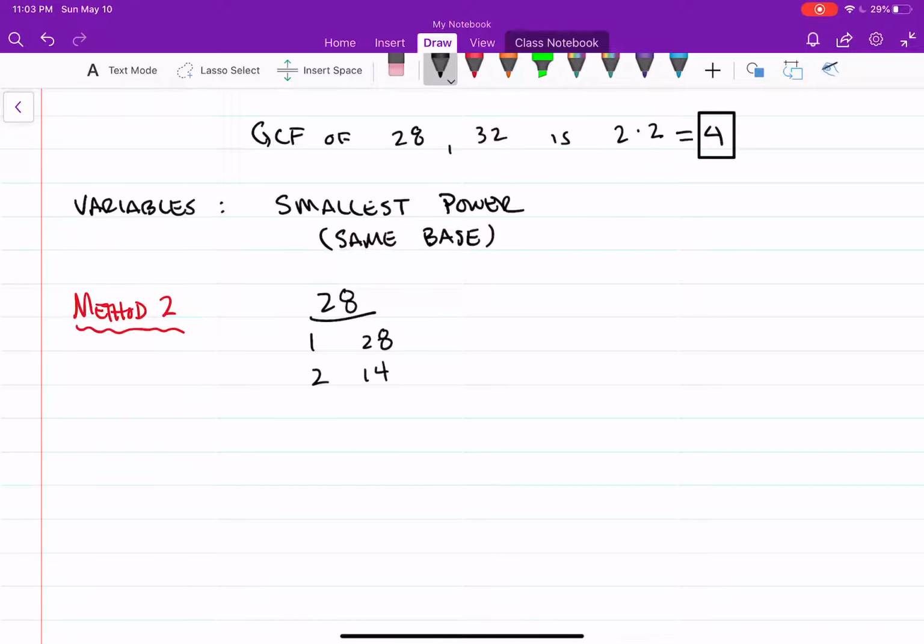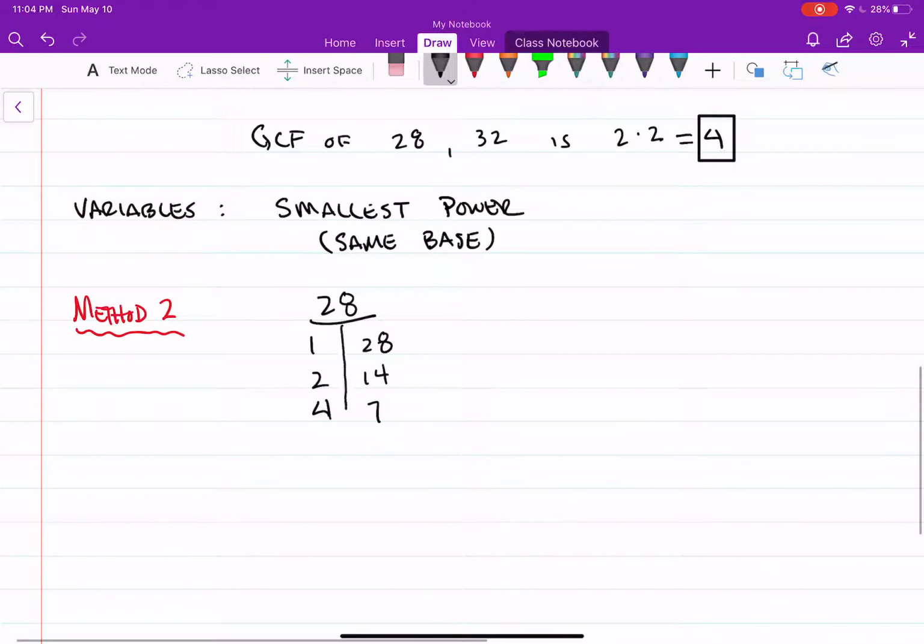Is there anything else? 4 times 7. Okay, and you can do this in your calculator as well. You put in 28, divide by 1, 28 divided by 2, 28 divided by 3, 28 divided by 4, 28 divided by 5, 28 divided by 6. Anything that gives you a whole number, then you can go ahead and use. Okay, so these are my factors of 28.